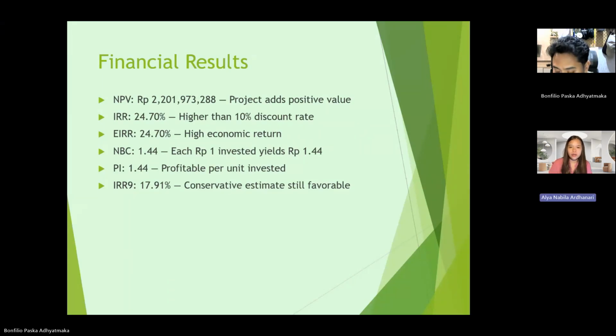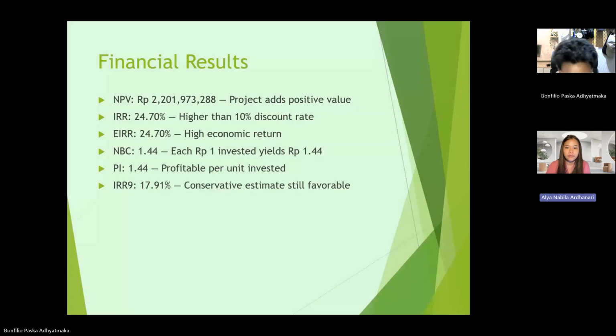Okay, so now let me explain the key financial results for the rural bridge construction project. We begin with the net present value, or NPV.